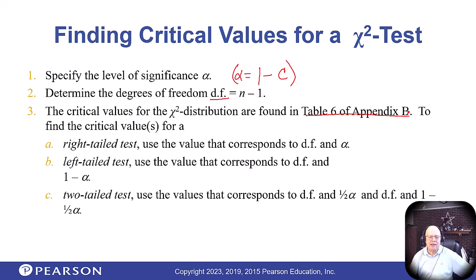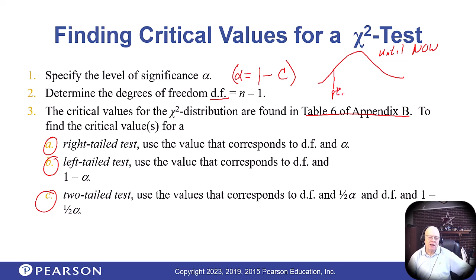Okay, now this is a little bit weird. I'll tell you right now. You can see that we're going to talk about right-tailed test, left-tailed test, two-tailed test. All well and good. The catch is, up to this point, until now, if you had a point right here, that point, the critical value would correspond to this area right here to the left.